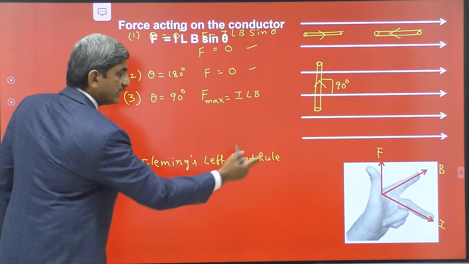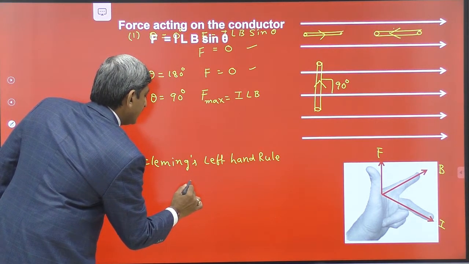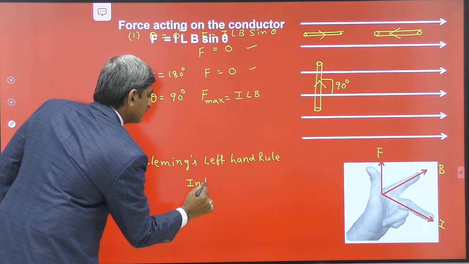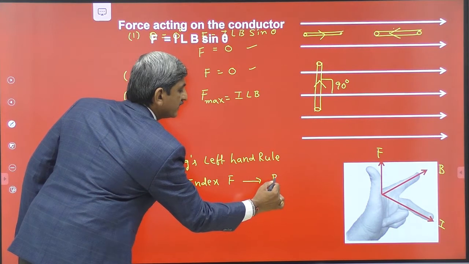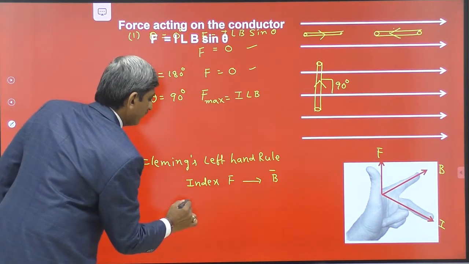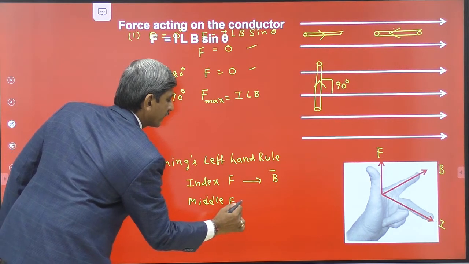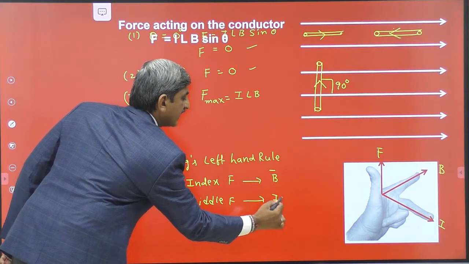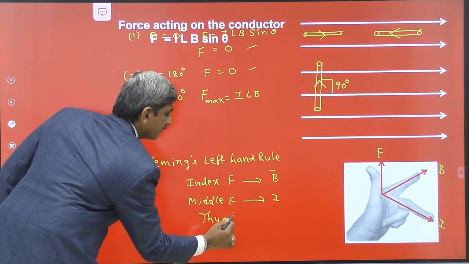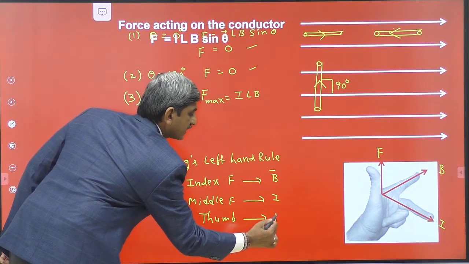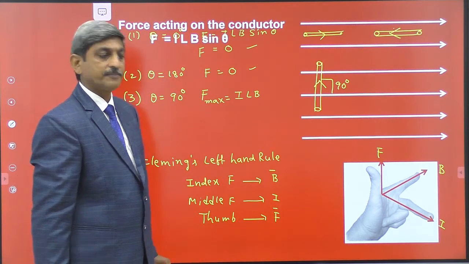So, the index finger indicates the direction of the magnetic field, the middle finger indicates the direction of the current, and the thumb indicates the direction of the force acting on the current carrying conductor.